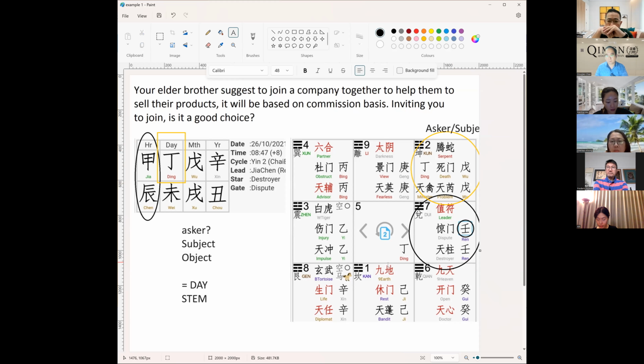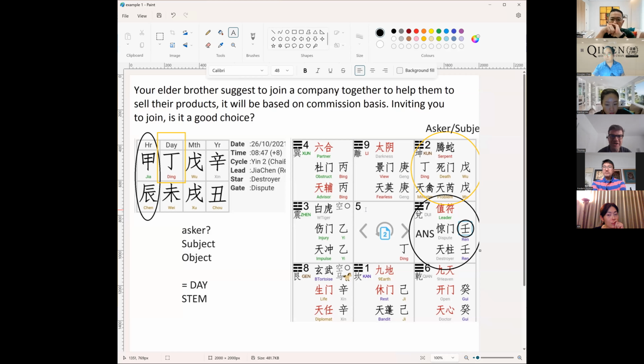And then over here, we have the answer. As far as the question is concerned, there are only two things you need to find. First, where is the answer? Second, where is the subject or asker? That's all. Then you circle them.